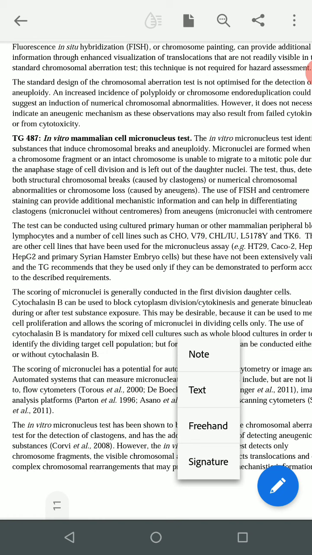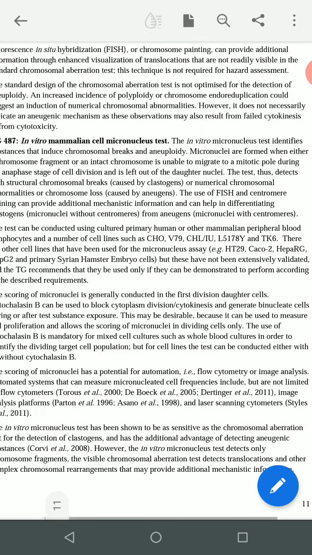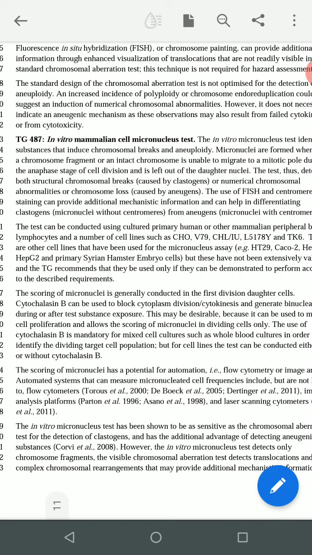Remember, this is very important. If the cell is undergoing exposure to the test substance, we need to use cytochalasin B. This may be desirable because it can be used to measure cell proliferation and allows the scoring of micronuclei in dividing cells only. We need to observe the micronuclei.